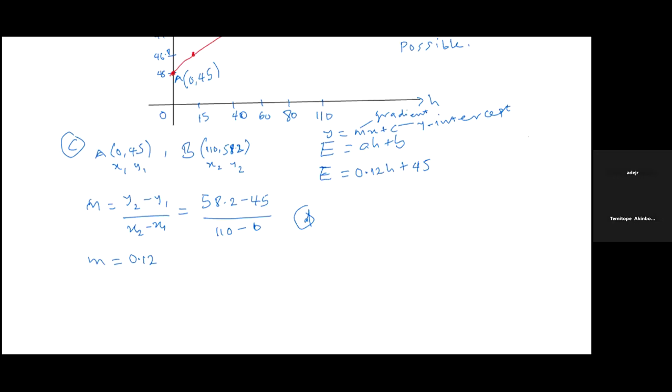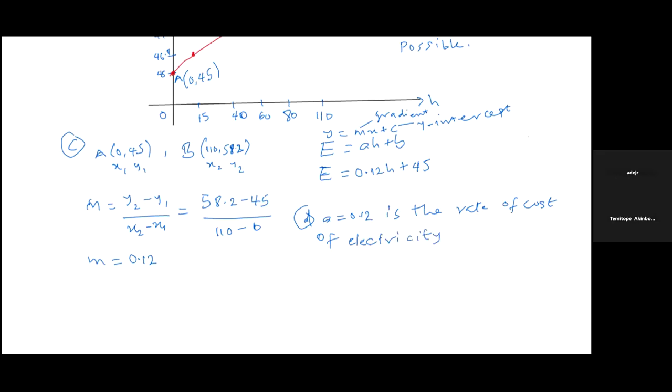A equals 0.12 is the rate of cost of electricity.